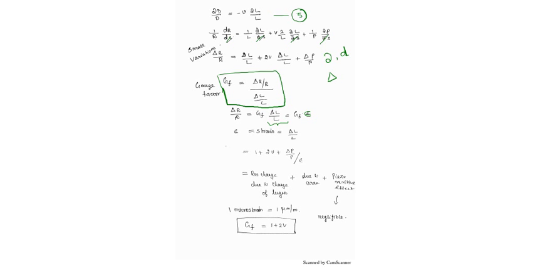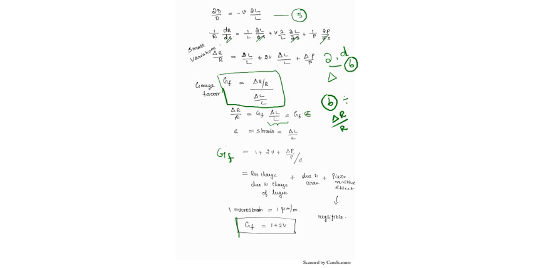So this particular expression, that is my equation 3, is going to be divided by del L by L. So for the sixth equation, if I divide by delta r by r, I will have the expression gauge factor, which is equal to 1 plus 2v.